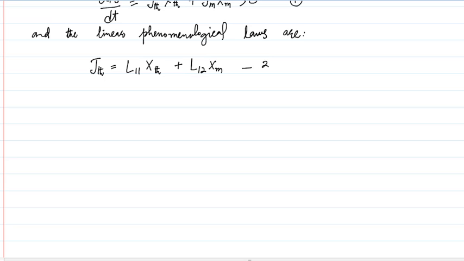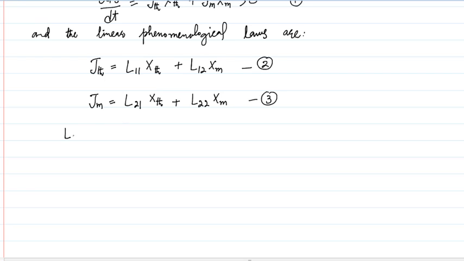This is equation second, and Jm, you can take this as mass flux or matter flux, so it will be due to concentration gradients, so it will be represented by this phenomenological law. That means L21 Xth plus L22 Xm. This is equation third.